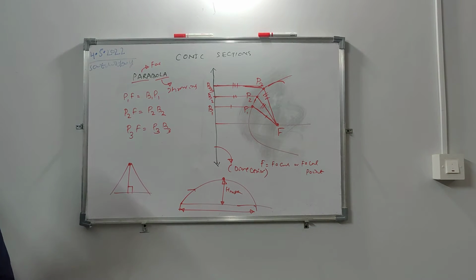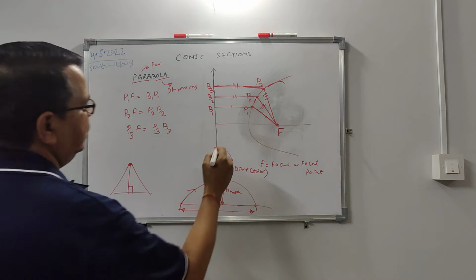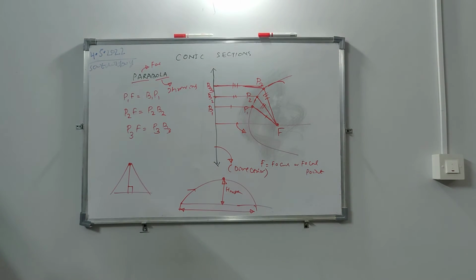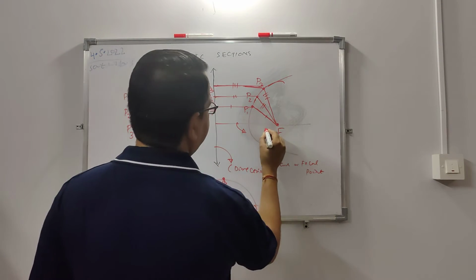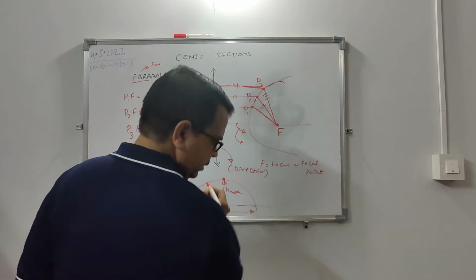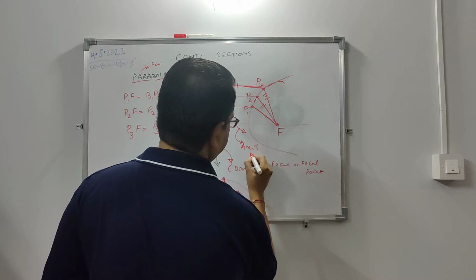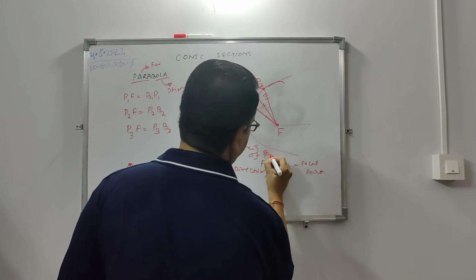So a line through the focus and perpendicular to directrix is called axis of parabola. So this is your axis. It is perpendicular to the directrix and through the focus. This is your axis of parabola.